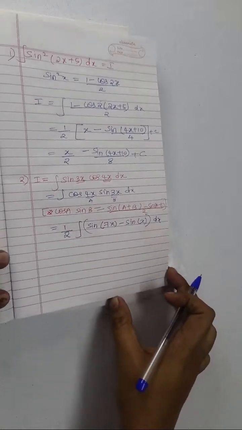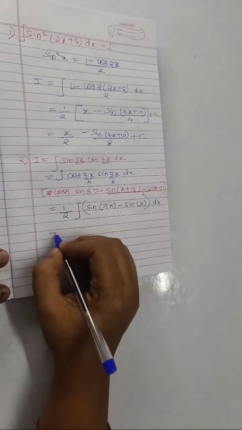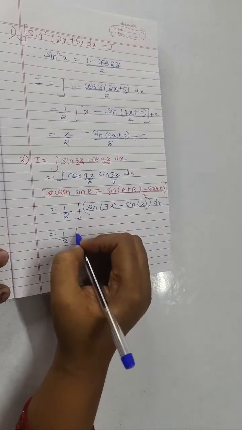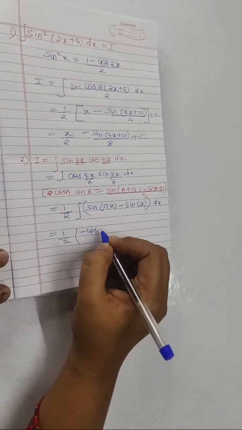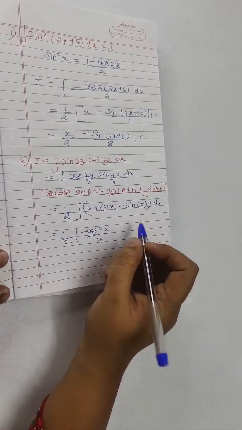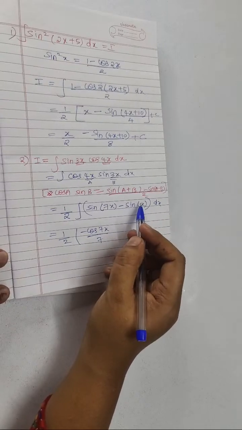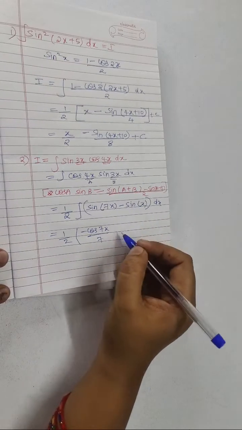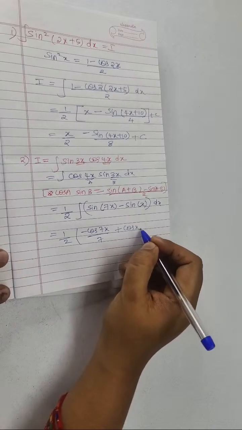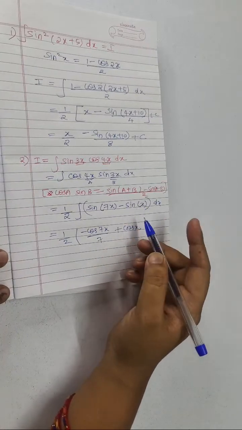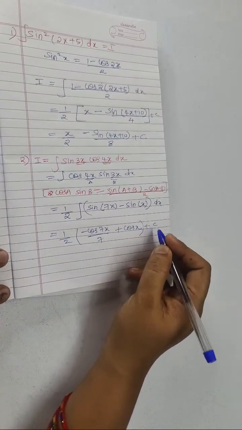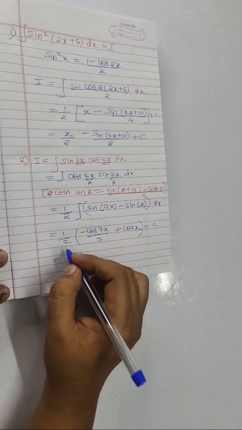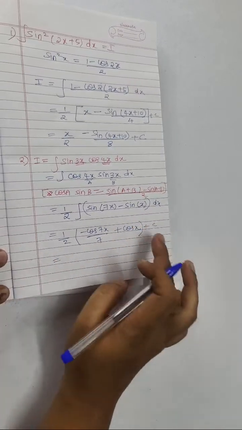Now integrate these two terms. You will get half, sine integrates to minus cos, so minus cos 7x by 7. Already you have a minus; integration of sine is minus cos, so that will become plus cos x, and you don't have any coefficient, that is just 1. Now we can multiply this 1 by 2 inside, or you can leave it here.